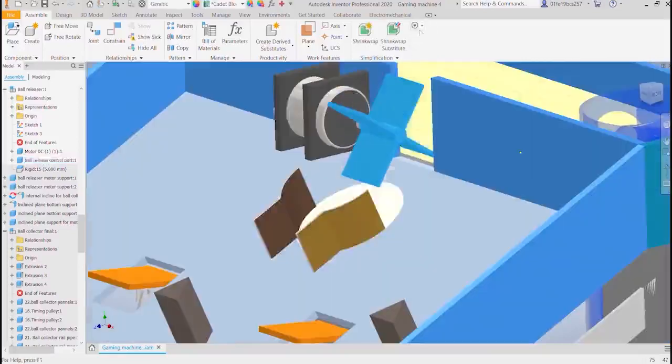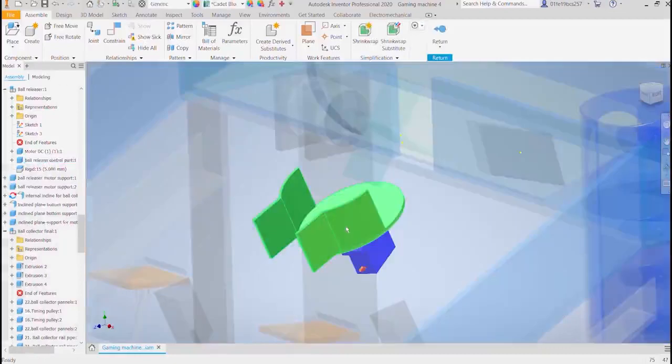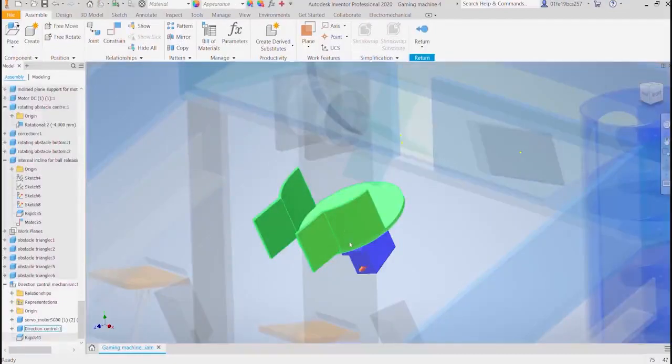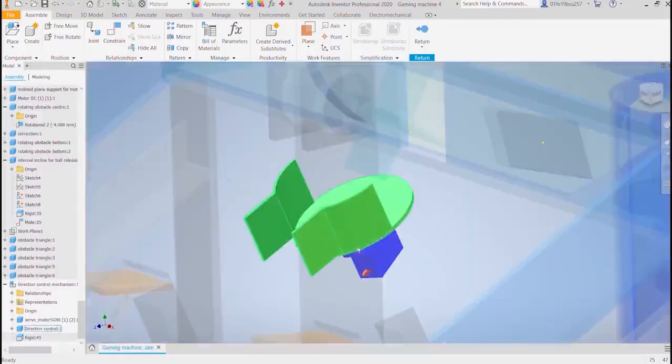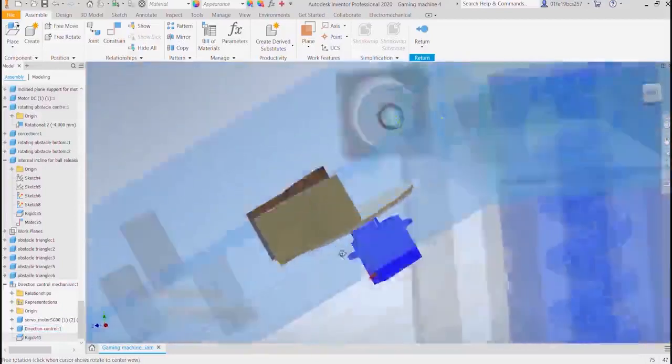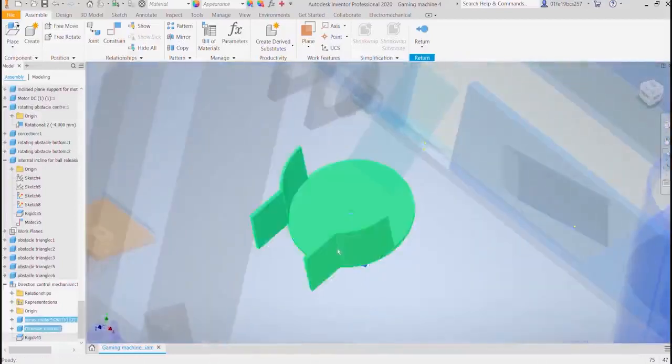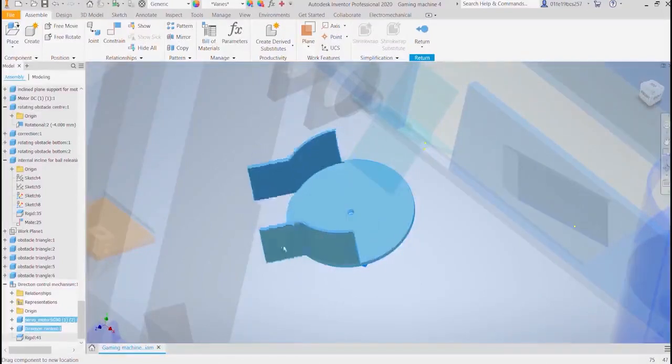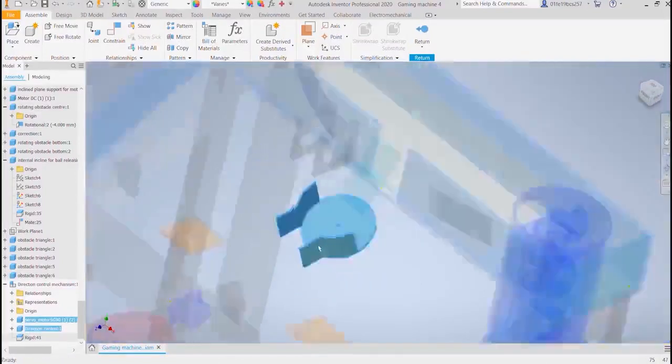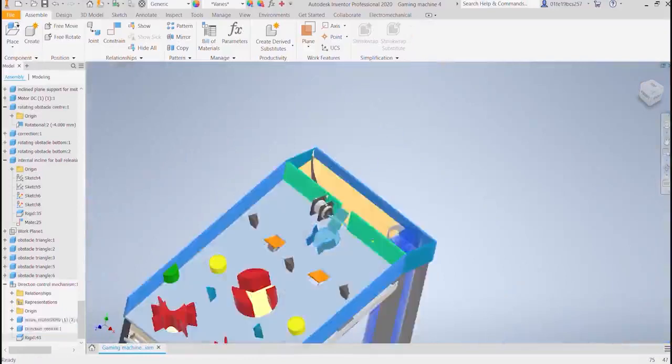The next mechanism is for directing the balls. It is a channel which can rotate, and it is connected to a servo which rotates from 10 degrees to 170 degrees. So this was the first subsystem.